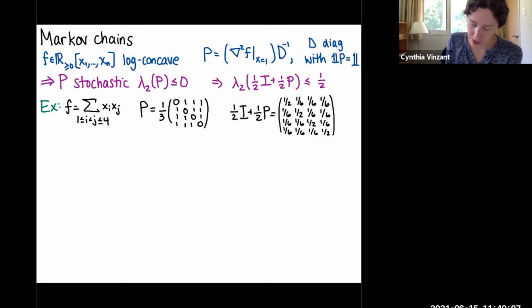This normalization will not change the fact that the second eigenvalue is less than or equal to 0. And in particular, if I lazify the corresponding random walk, then the second eigenvalue will be at most a half. Let's leave alone for the moment the reason to do such a thing.